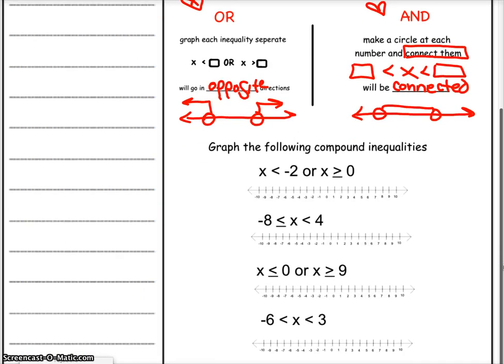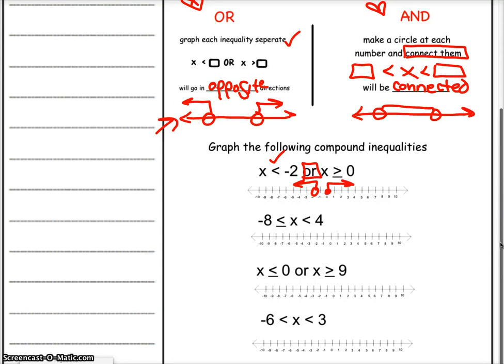Okay, so we're going to graph this one. This is an or statement, so that means I'm going to graph each one separately. So x is less than -2. I'm going to make a circle at -2, go to the left. Or, x is bigger than or equal to 0. A colored in circle at 0, going to the right. And now I'm just double checking. Or, does it look like this? And it does. So I'm good.